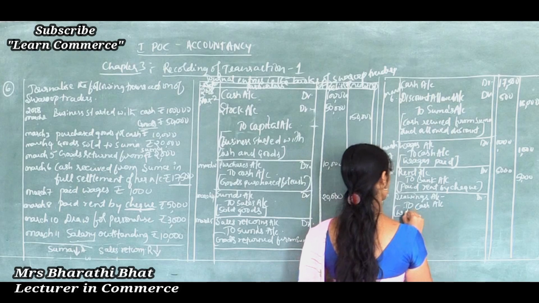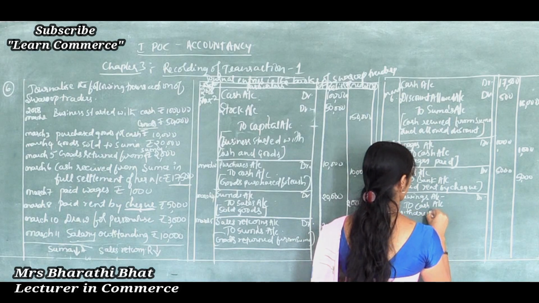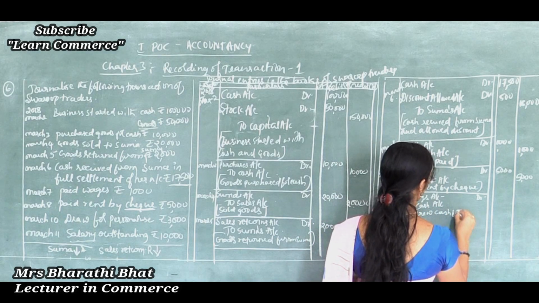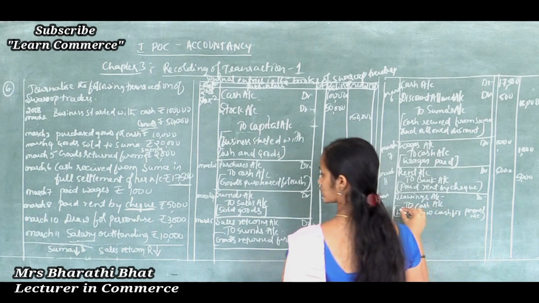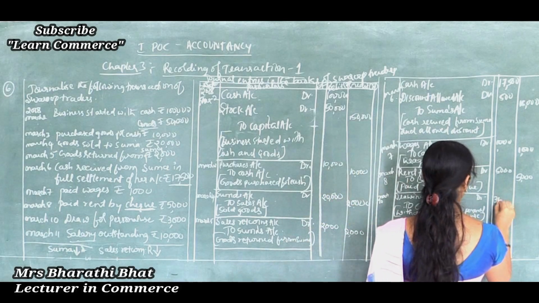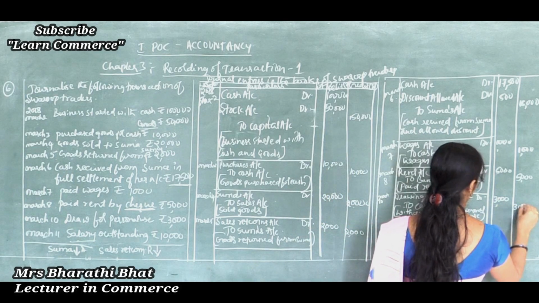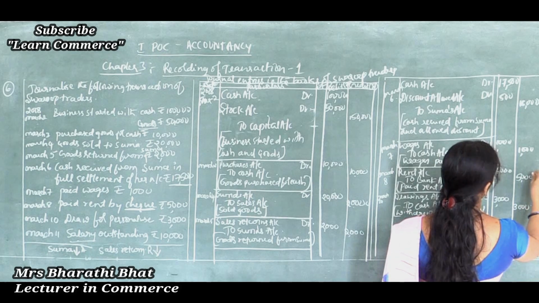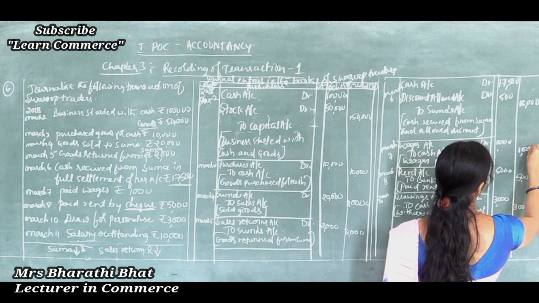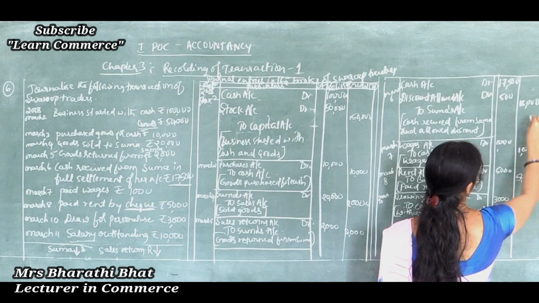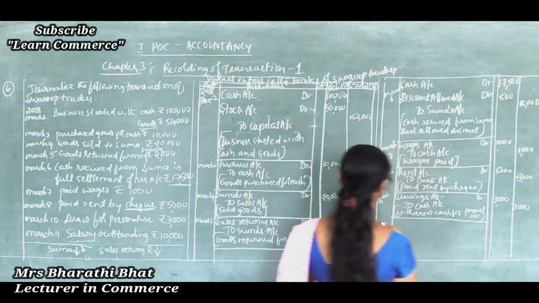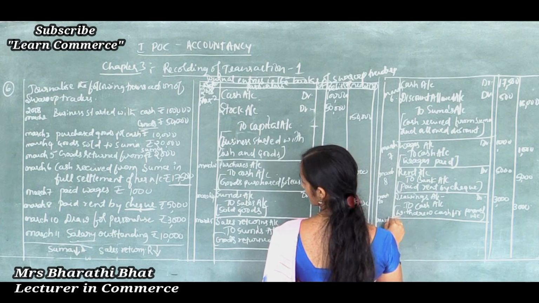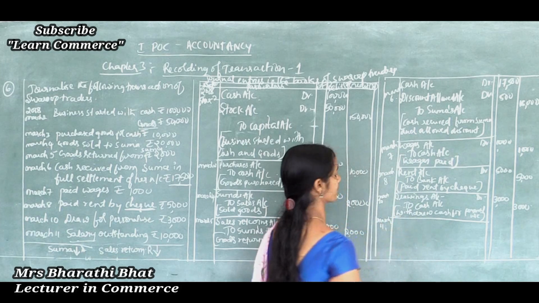And narration, withdraw cash for personal use. How much? 3,000. Close the account.